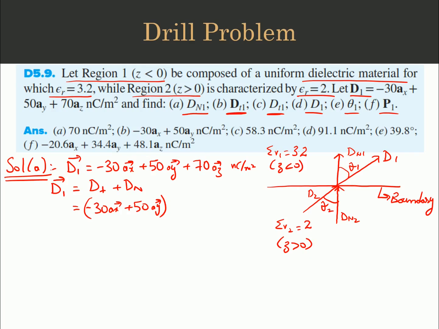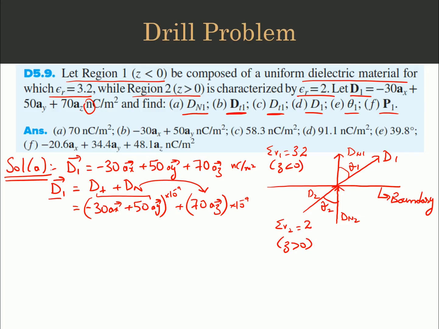And what is my normal component? The normal component will be 70 A of Z. Okay, so we have nanocoulomb, so this portion will also carry a factor of 10 raised to power minus 9. So this is how we disintegrated our vector D into the tangential component and the normal component. Once we do this, our analysis becomes quite easy.